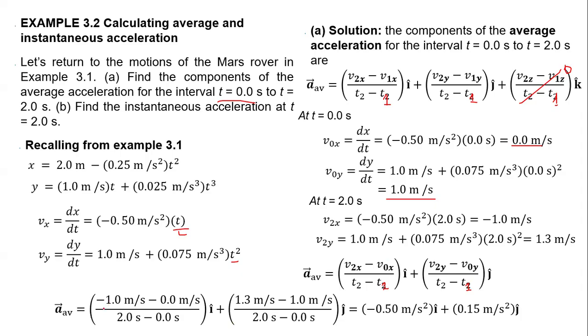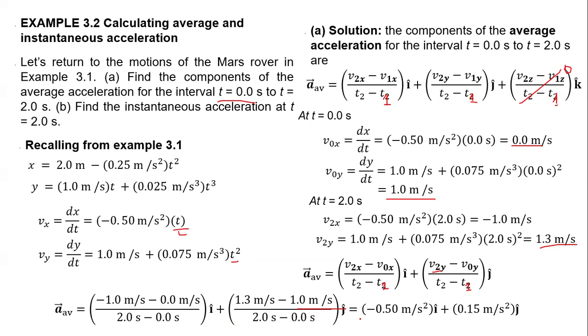This is our v2x, negative 1, minus v1x, v sub ox, over the time interval t2 minus t1, or t2 minus t sub o, plus v2y, which is 1.3 meters per second, minus v1y, 1.0.